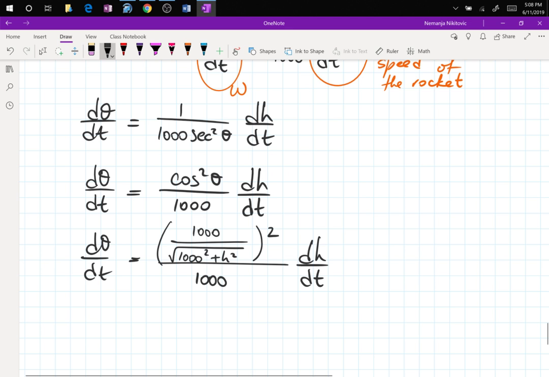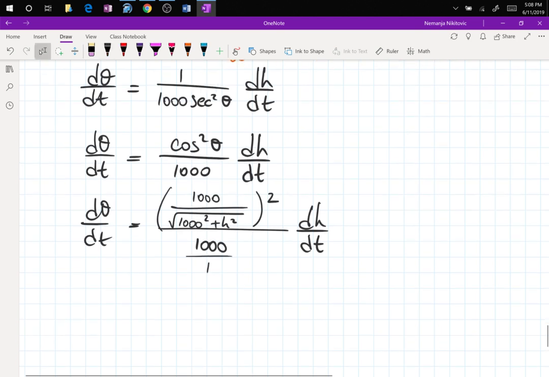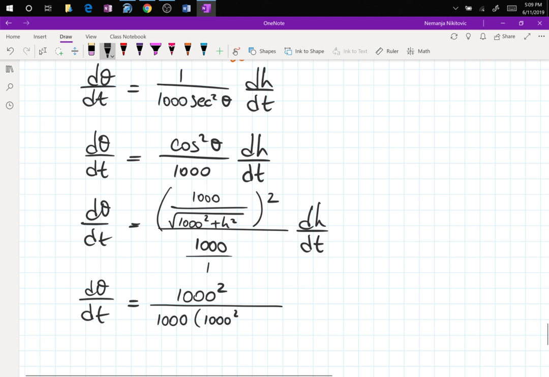Good. So now a whole bunch of stuff is going to cancel. This is equal to cosine theta, which is replaced by the square root. So now d theta dt is 1000 squared divided by 1000 times 1000 squared plus h squared, because the square root canceled, times dh dt.